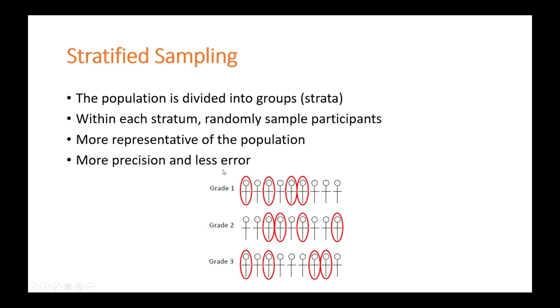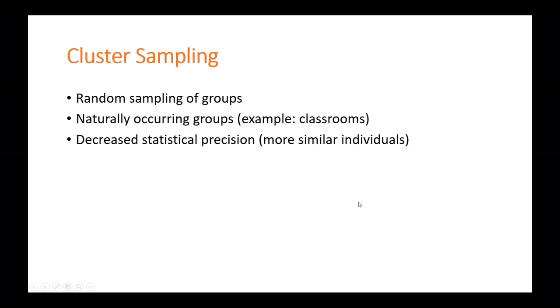And then within those classes or within those grades, you are further randomly selecting participants or randomly selecting those school children. So this kind of sampling is a little more representative of the population, and there is more precision and less error.